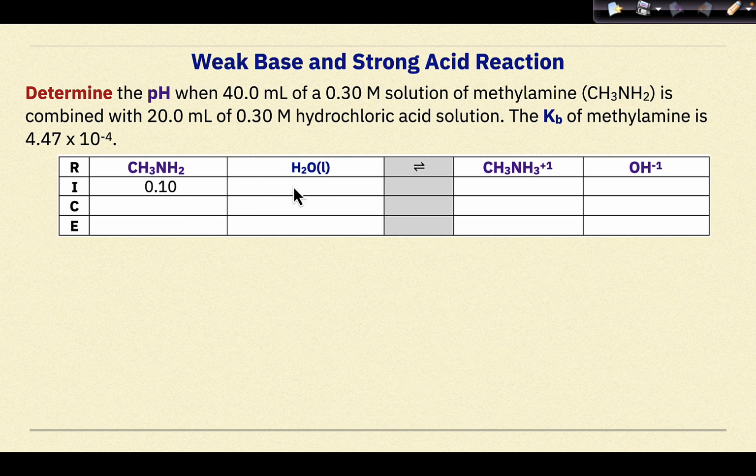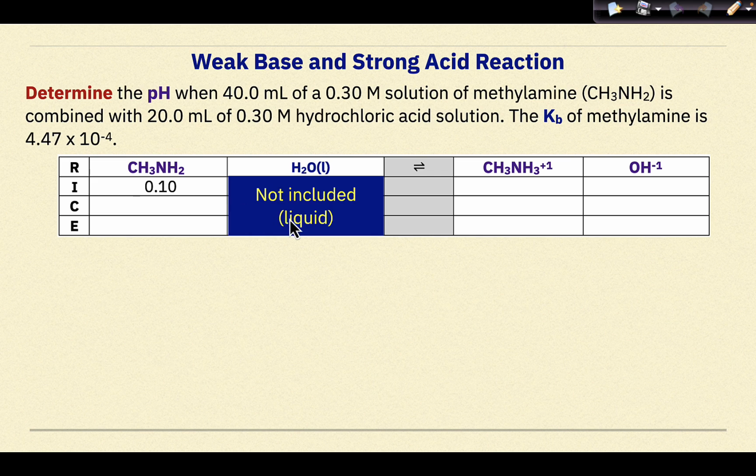Water is needed as a proton donor to the weak base, but is not involved in the calculation of the pH. The weak acid CH3NH3+ was formed as a product of the neutralization reaction with a concentration of 0.10. No hydroxide ions are initially present.